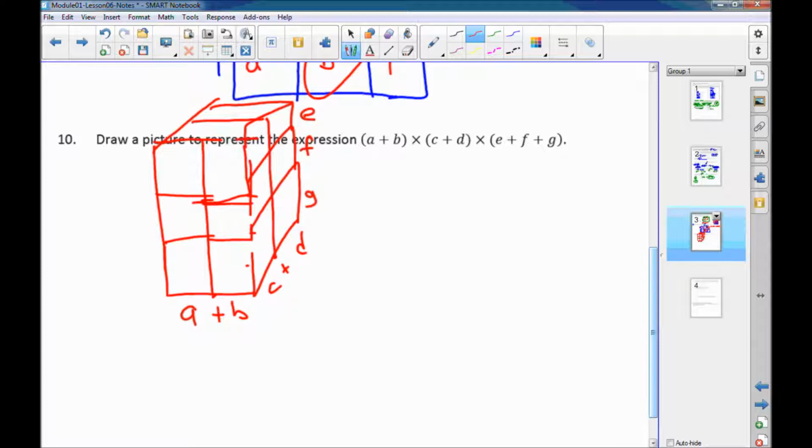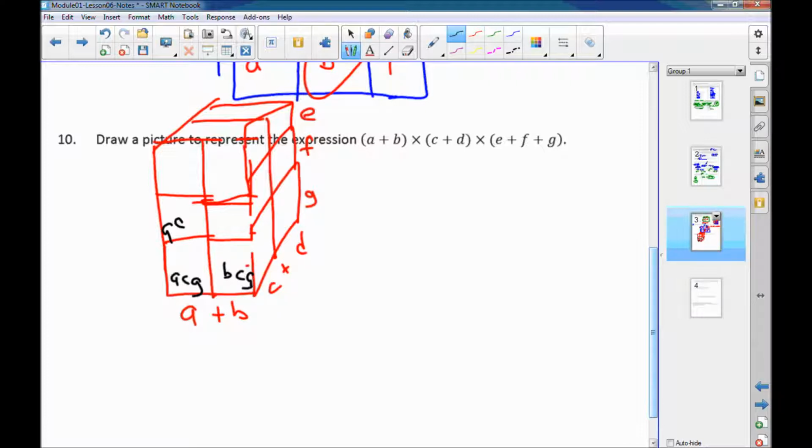All right, let's give it a try. So up in the front here, this box is going to be A times C. And then we'd have B times C. And then right above it, we have A times C times G, B times C times G. And then right above it, we have A, C deep, and then F tall.